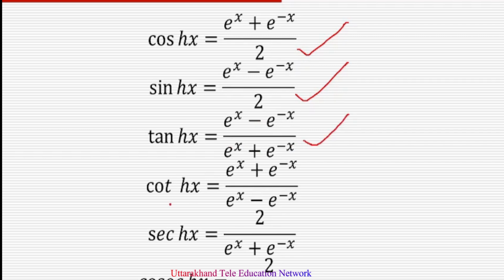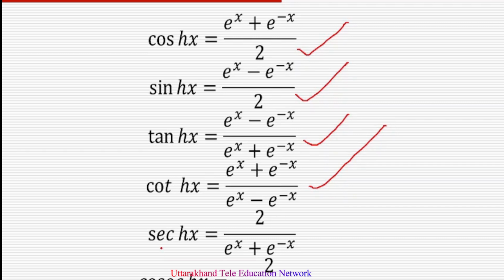Hyperbolic cot x is cos hyperbolic x over sin hyperbolic x, or 1 over hyperbolic tan x. So hyperbolic cot x is e raised to power x plus e raised to power minus x over e raised to power x minus e raised to power minus x.